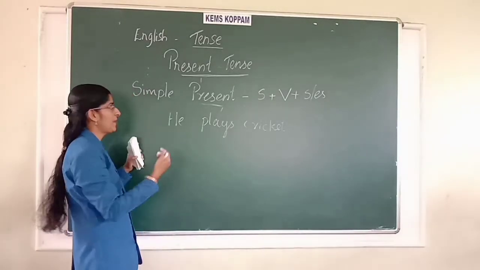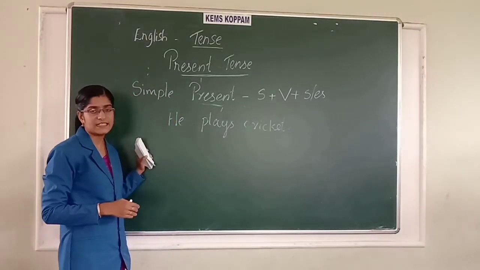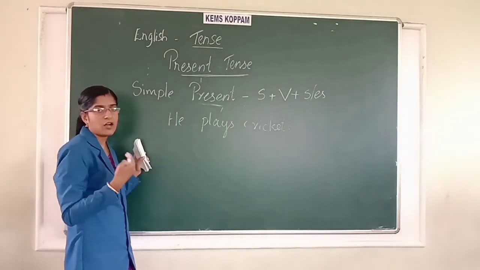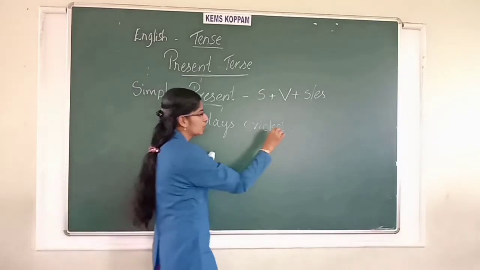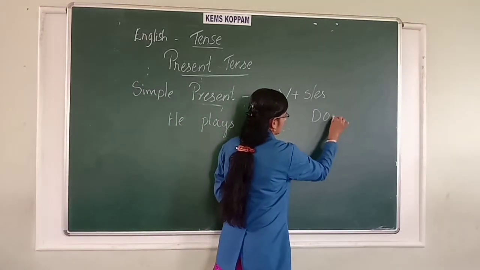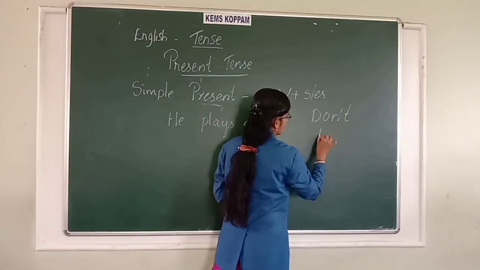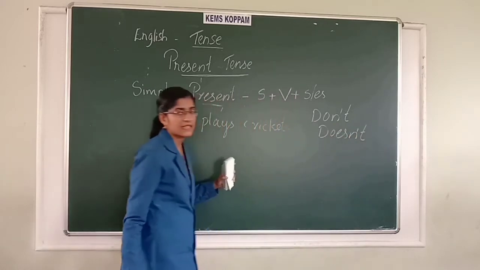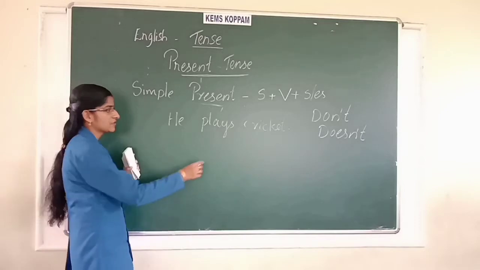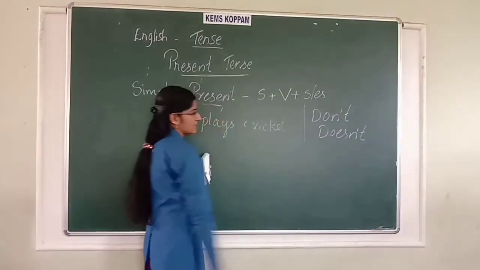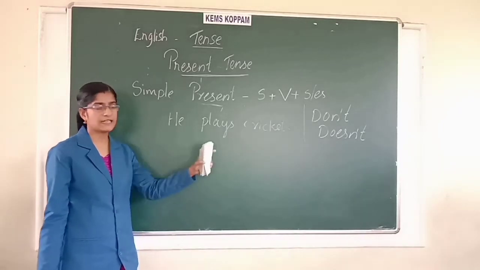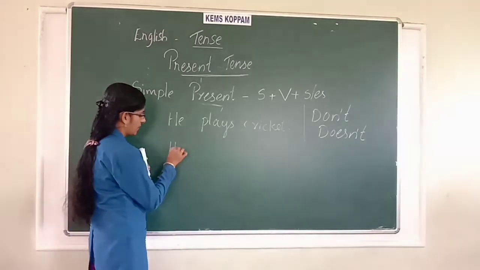In order to make negative sentences in simple present, we want to add the auxiliaries like do not, does not, don't, doesn't.